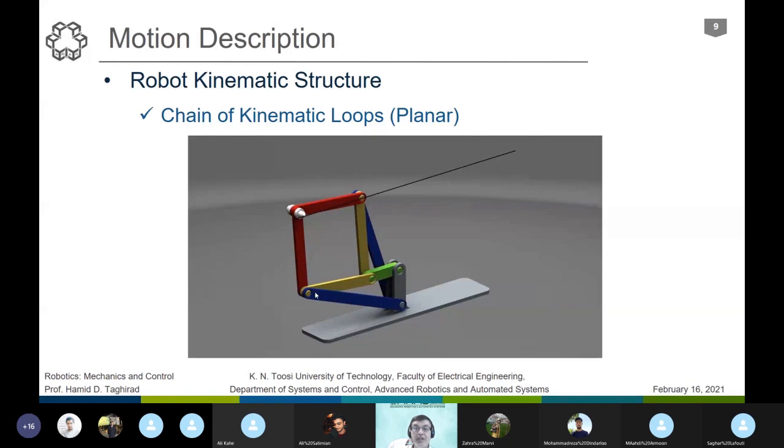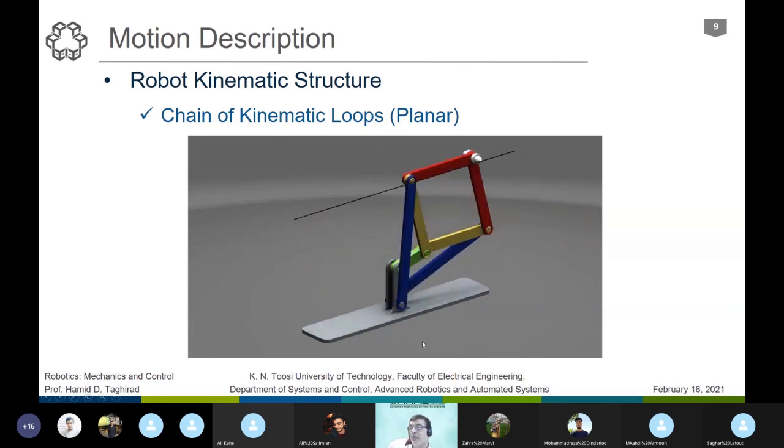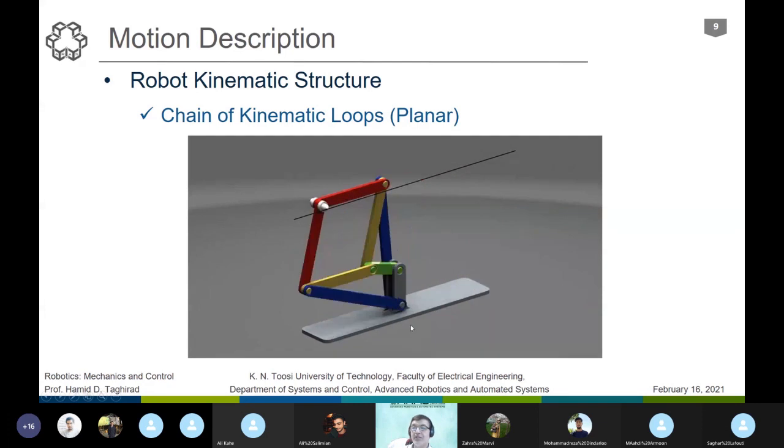These are chains of joints and links connecting to each other. Everything is again planar, and this mechanism has again 1 degree of freedom. You can put only a motor here. Of course, you can put a motor here as well, but it is not important.